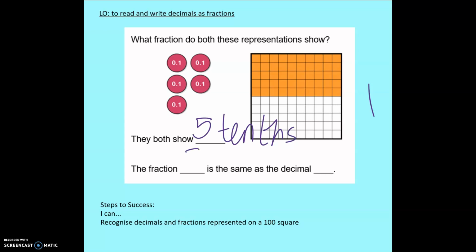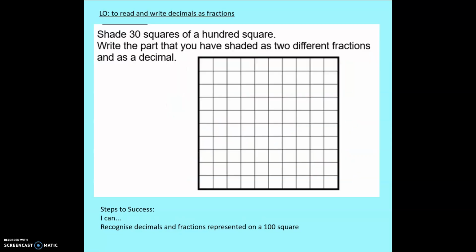The fraction 5 tenths is the same as the decimal 0.05. Oh, no, that's wrong. Not 0.05, 0.5, because we know that this is ones and this is tenths.